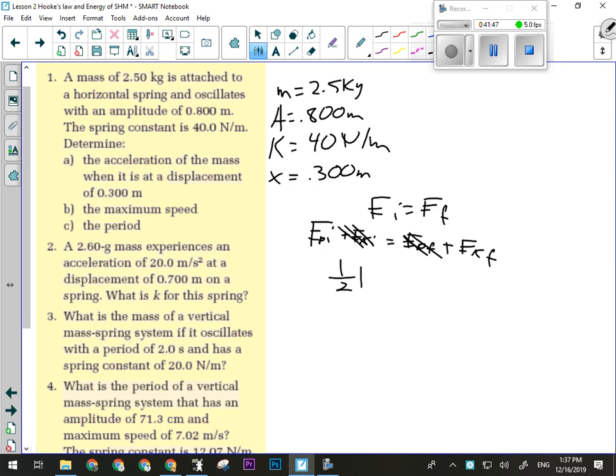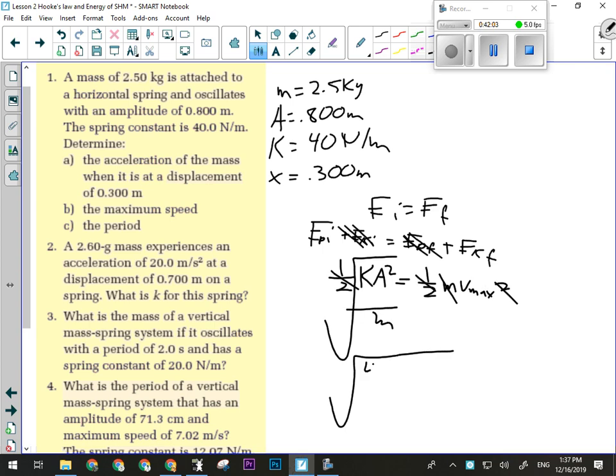So I'm going to have 1/2 k times the amplitude squared equals 1/2 m v max squared. So I'm solving for the maximum speed. The halves are going to cancel. I'm going to divide both sides by m and square root. And so I'll have 40 times 0.8 squared divided by 2.5.